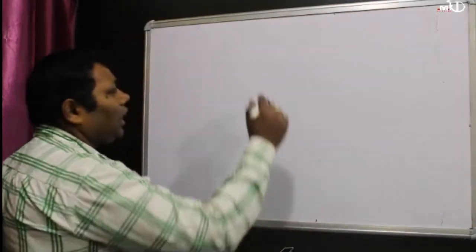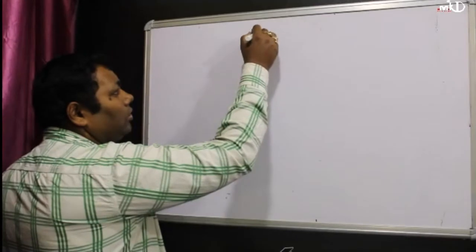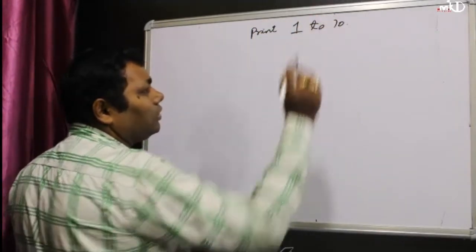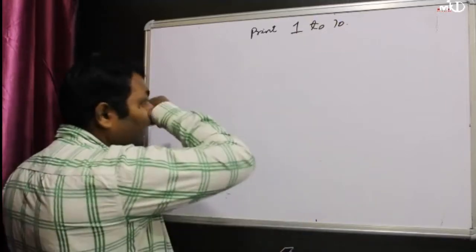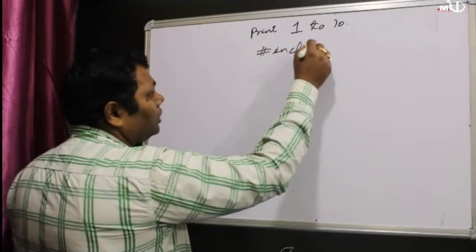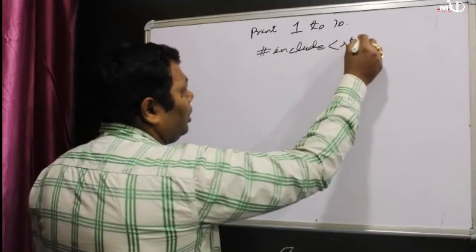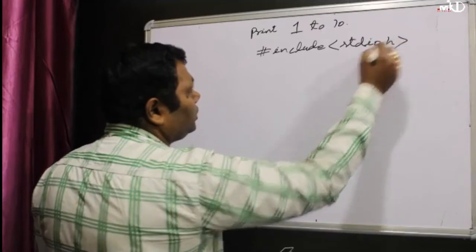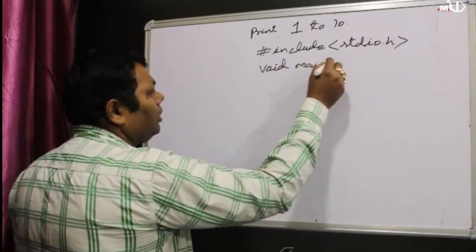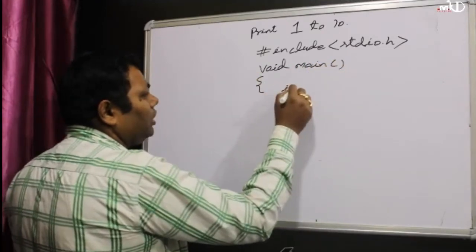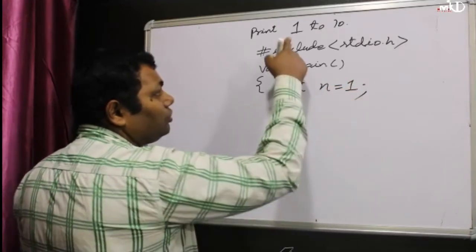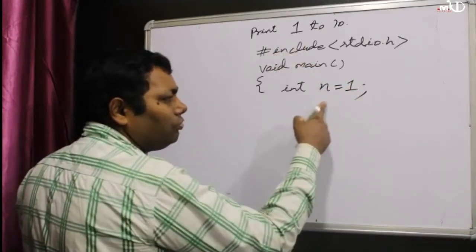Like I want to print 1 to 10. Okay, so how to write? #include <stdio.h>, void main, int n, which we initialize to 1 because we start from 1.